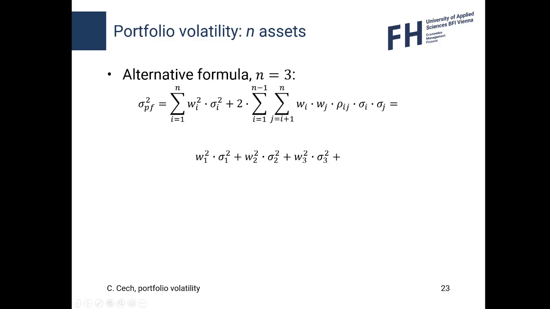The first sum for I goes from 1 to n minus 1, and the second sum sign for j goes from I plus 1 to n. So if we start with I being equal to 1, then j starts with 1 plus 1, which is equal to 2.